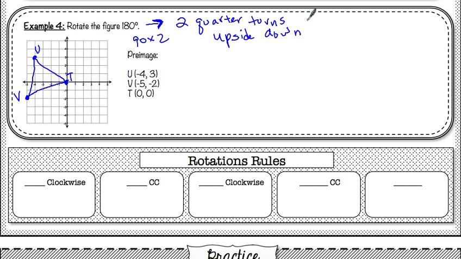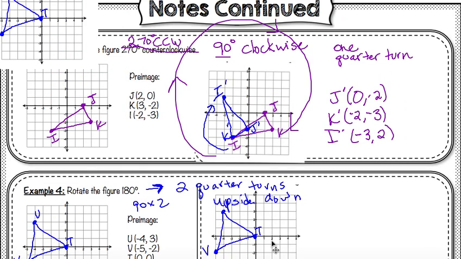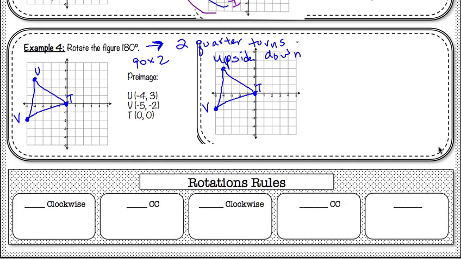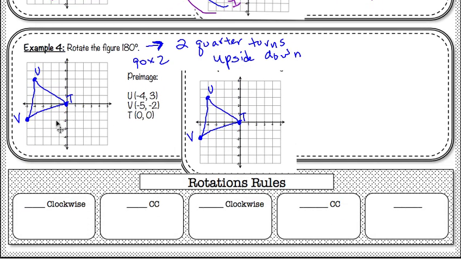Alright, so let me go ahead and take a picture of the screen and then I'm going to rotate it. Okay, so I have taken a picture of this.